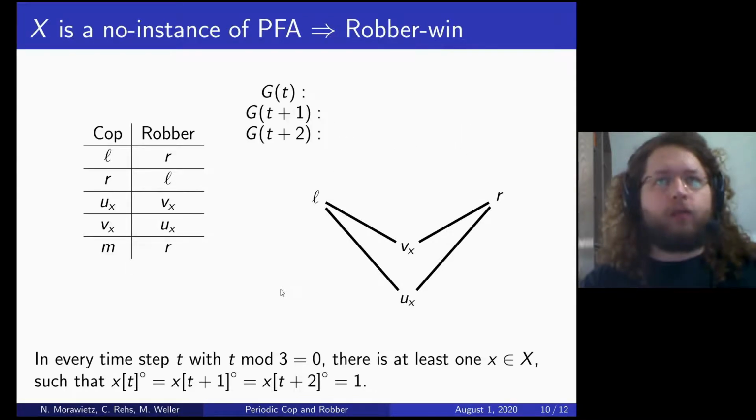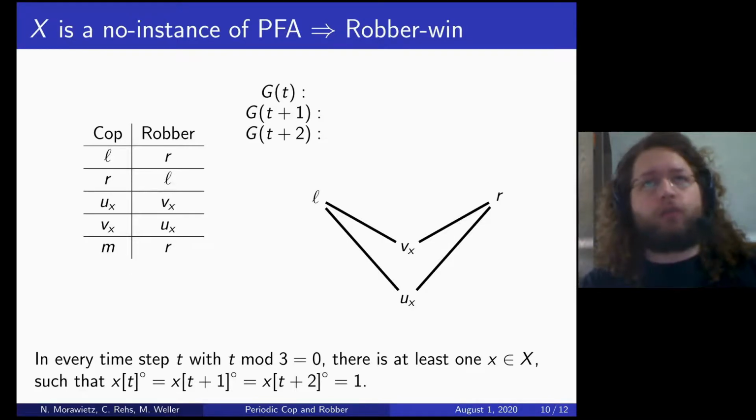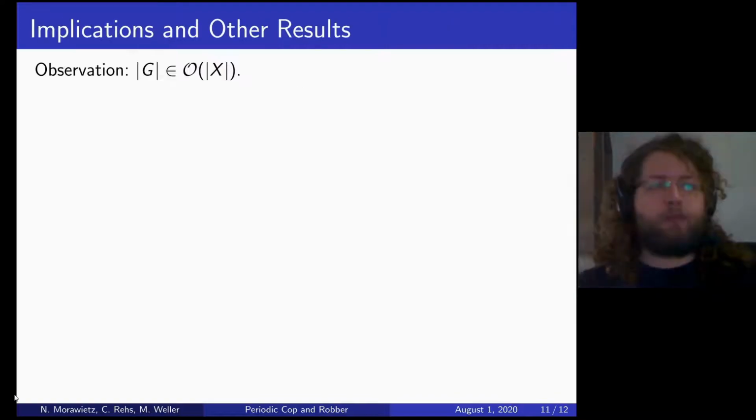So in these 3 time steps, we always have this induced cycle of length 4, on which the robber can first of all evade the cop and end up in one of these pairs of positions at the end of time step t plus 2. And this completes the proof. So here we have a robber winning strategy. In the other case, we show the cop winning strategy. So all in all, this problem is NP hard.